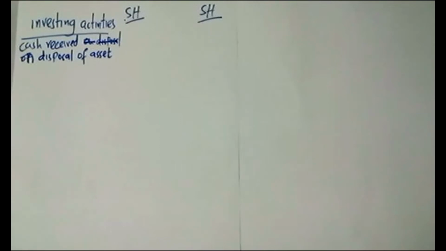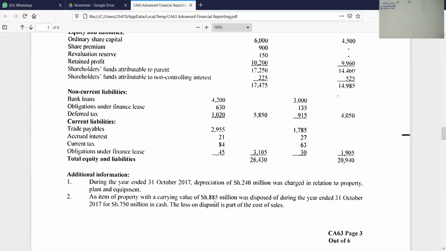If you go to additional information, you can see that there was cash received on disposal of a certain asset. Additional information number 2: an item of property with a carrying value of 885 was disposed of during the year for 750. So the 750 is what they received.